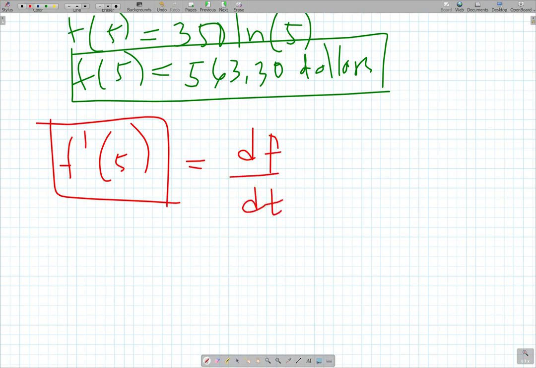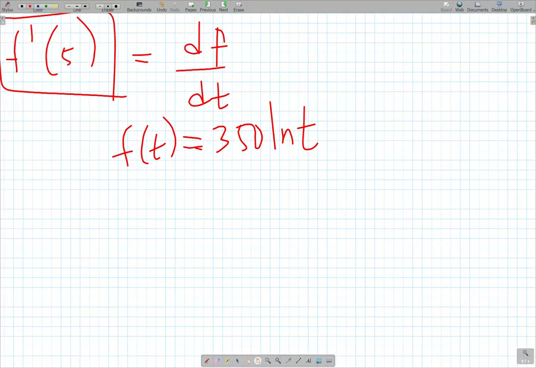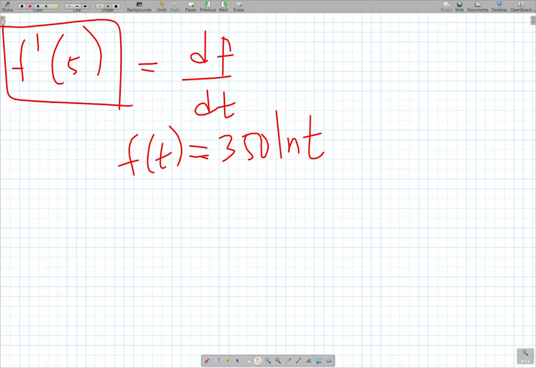So, the given revenue equation is F of T equals 350 ln of T. So, how will you solve for df over dt? We have to derive to obtain df. So, deriving both sides using implicit derivative, df of t is just df, so let's remove the of t.